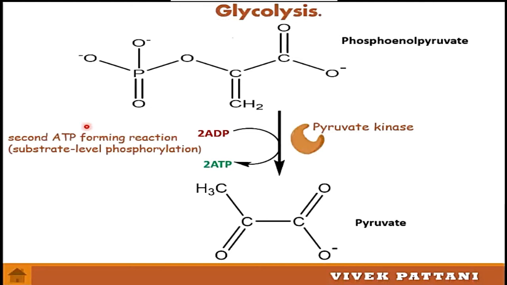Again this reaction is a substrate level phosphorylation, the second ATP formation reaction in glycolysis. And this one is an irreversible reaction, where phosphoenol pyruvate is converted into pyruvate with the help of the enzyme pyruvate kinase.